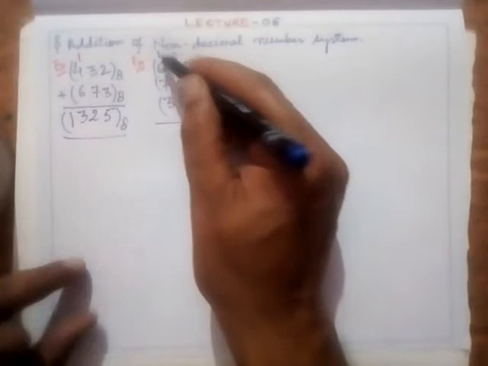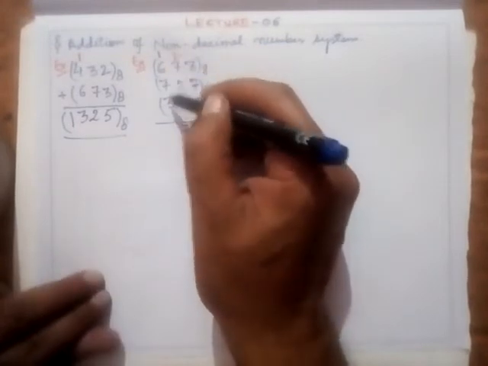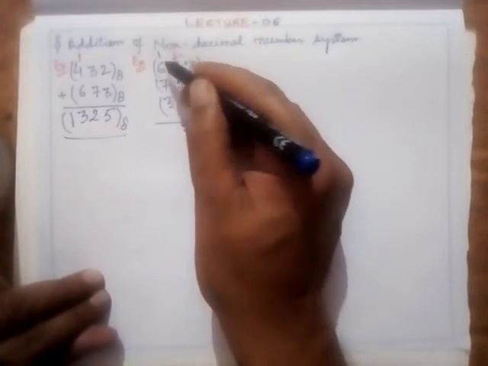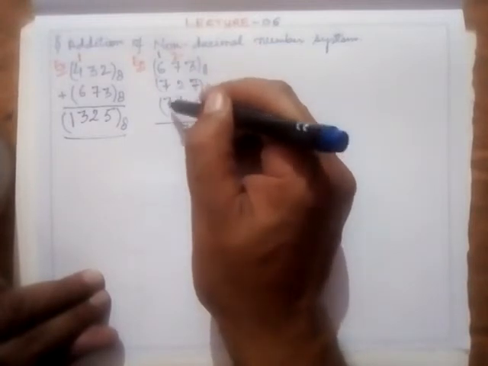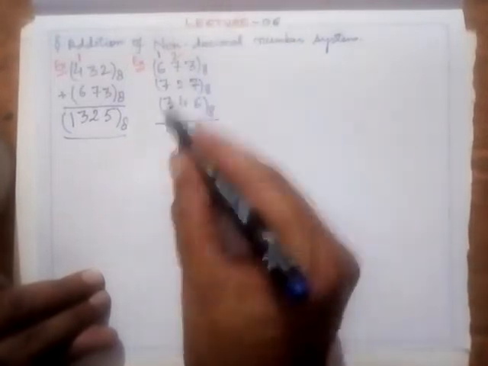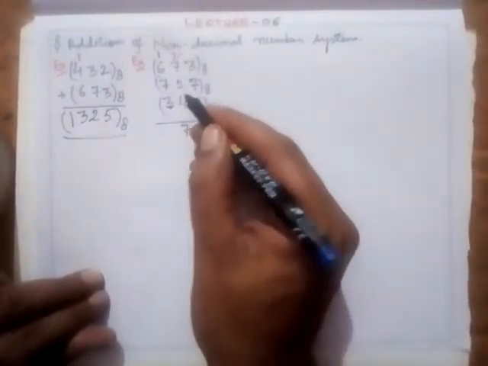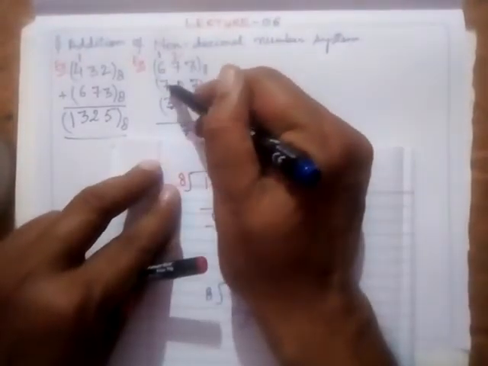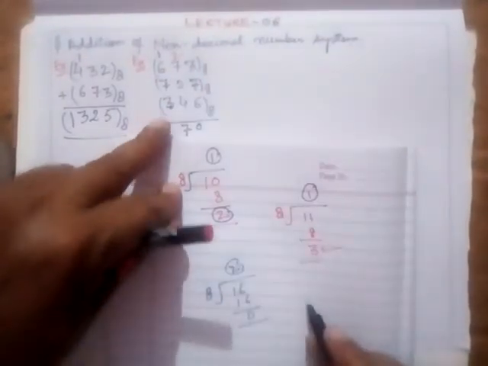Now again I add these: 7 plus 7, 14, and 14 plus 3, 17.